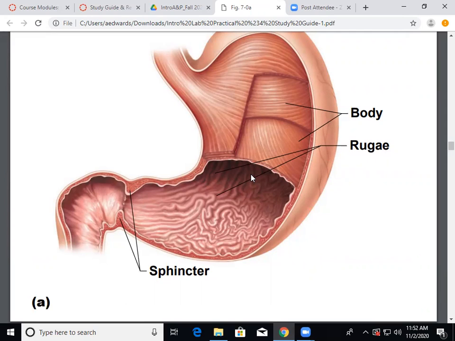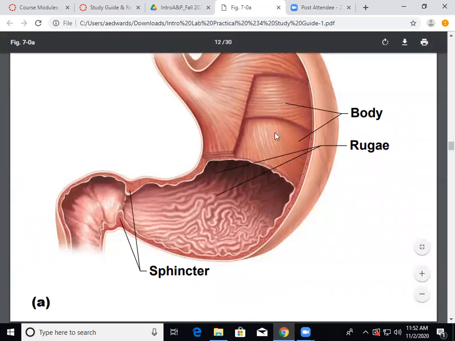The other piece to that is that keeping the sphincter closed gives your body a sense that your stomach is full. If it was always open, food would essentially just be falling into your small intestine. When your stomach is full of food, it gives your body a sense that your body's full, so the closing of that sphincter helps with that.